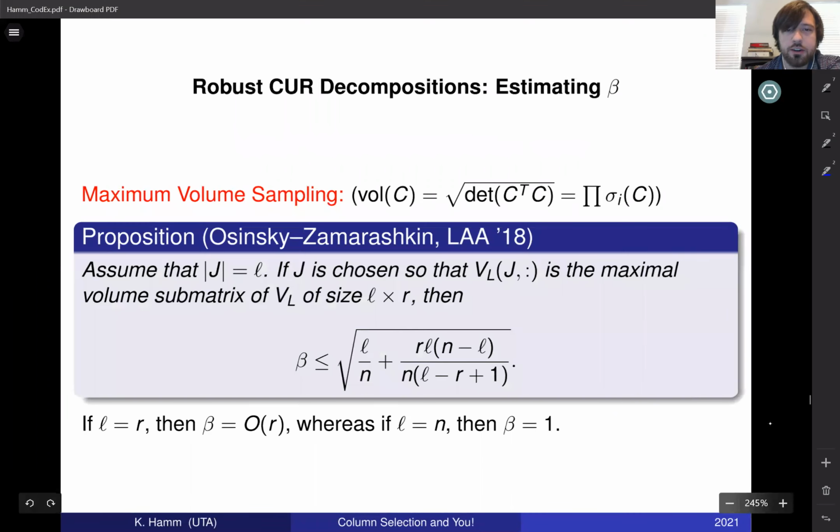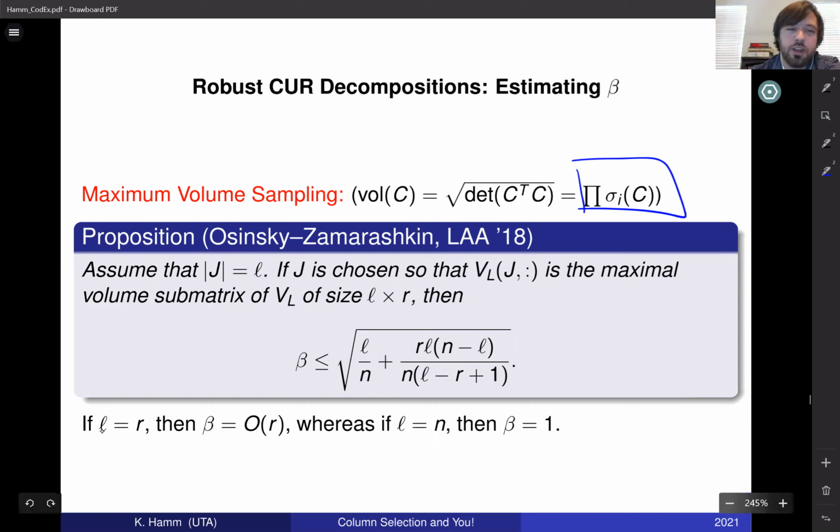So here's one. Basically, if I do maximum volume sampling, so I choose the row submatrix of V that gives me the largest volume, and by volume I mean the product of the singular values, then there's this bound on beta, which is a little hard to parse, but let me just mention for you.